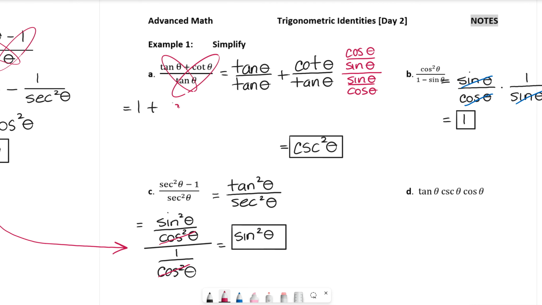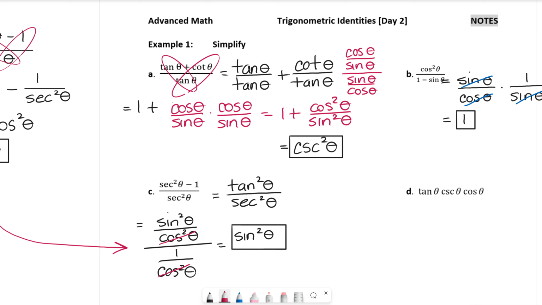So it's 1 plus, we have cosine theta over sine theta. And we're going to multiply by the reciprocal, which is cosine theta over sine theta. Now cosine times cosine and sine times sine ends up being 1 plus cosine squared theta over sine squared theta.